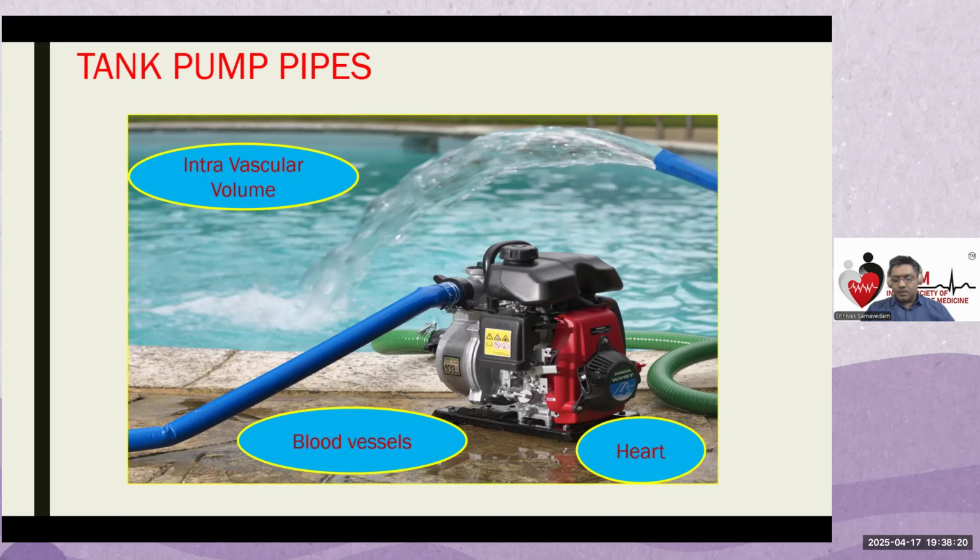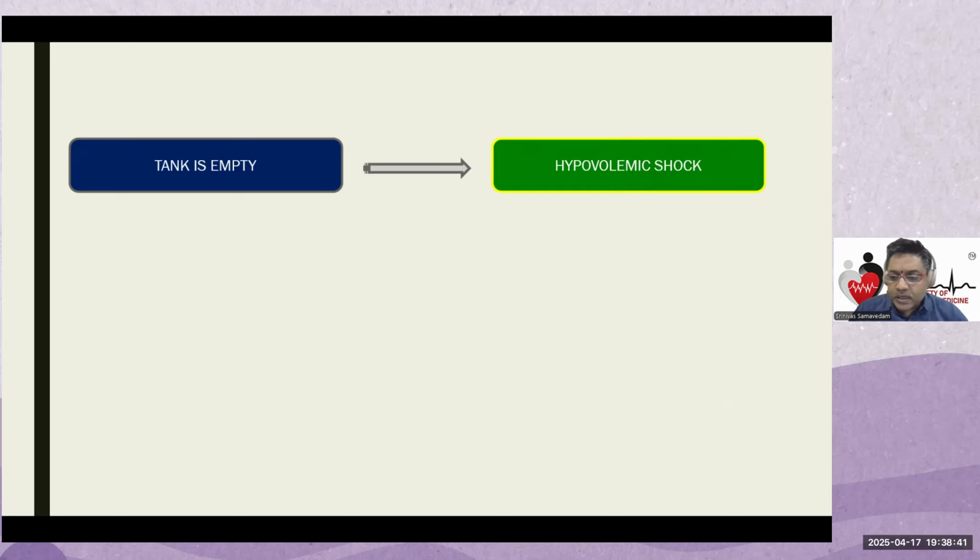So there can be a problem with the pump, there can be a problem with the tank, there can be a problem with the pipes, or there may be a block in these pipes, which may result in obstructive shock. If you have a patient whose tank is empty, the typical situation is hypovolemic shock: gastroenteritis, for example, cholera, a burns patient, or hemorrhagic shock.